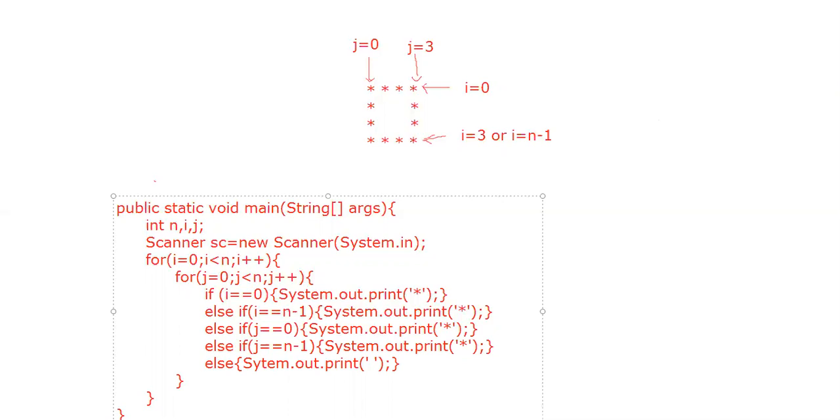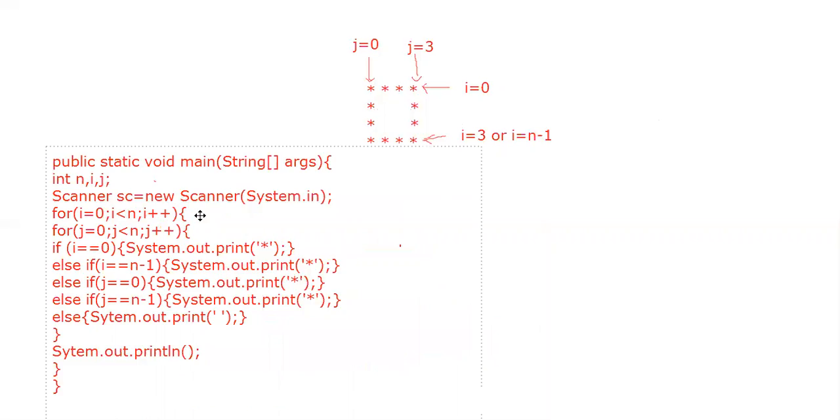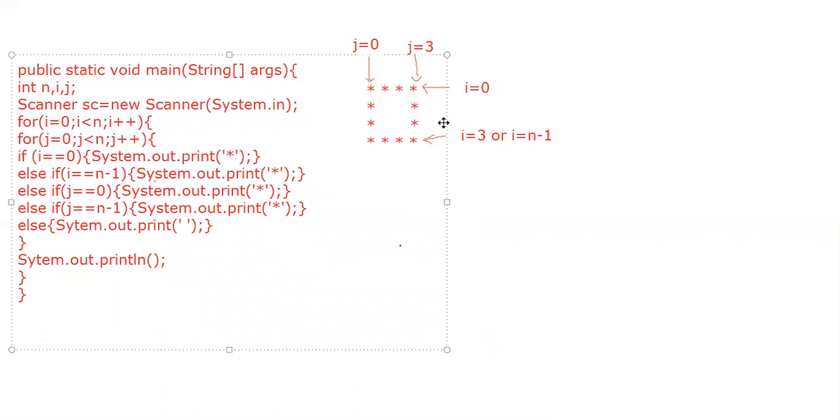You can see that the line changes after every row. And since I is the variable responsible for the row, the line will change for each value of I, that is during the outer loop. So it will be System.out.println, and things are done. So this is the code for this problem.